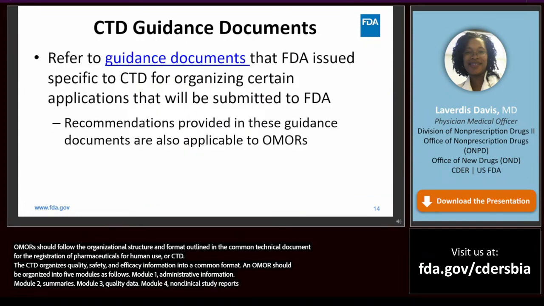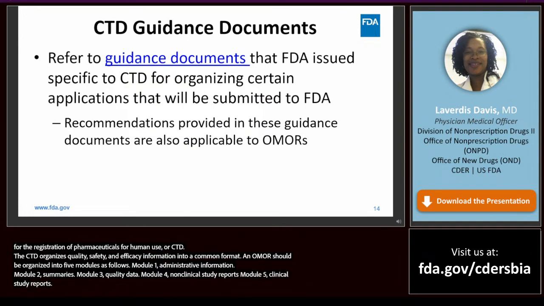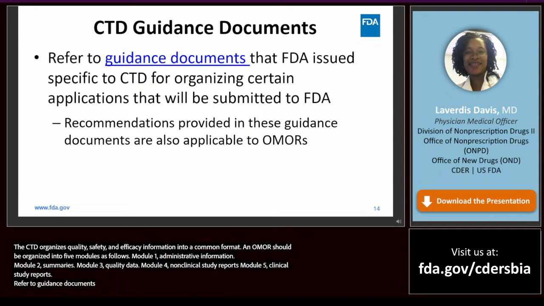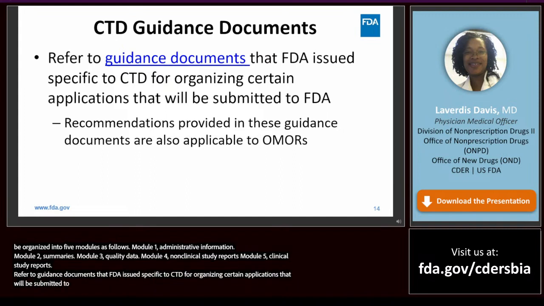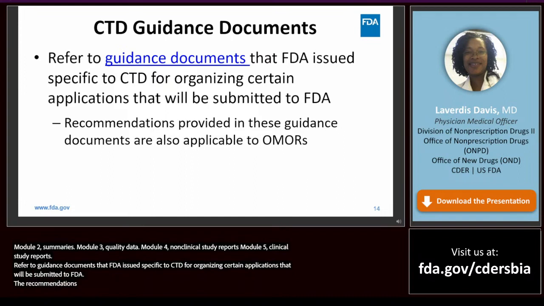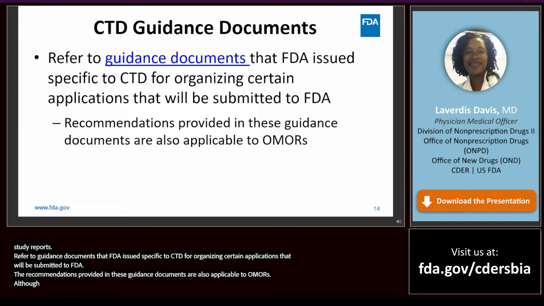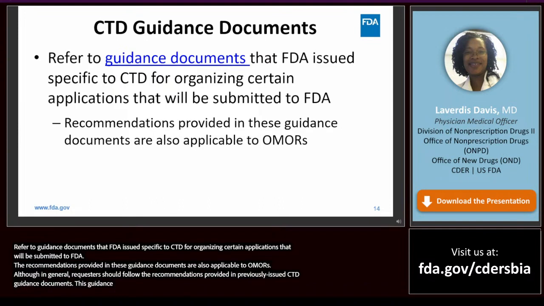Refer to guidance documents that FDA issued specific to CTD for organizing certain applications that will be submitted to FDA. The recommendations provided in these guidance documents are also applicable to OMORs. Although, in general, requesters should follow the recommendations provided in previously issued CTD guidance documents, this guidance highlights additional format and content recommendations specific to an OMOR.